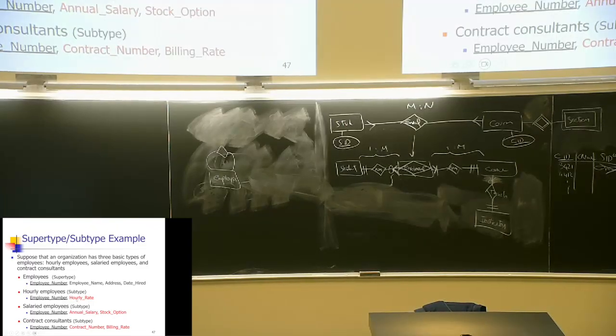I didn't repeat them here, but they all have these attributes. They also have unique attributes of their own, not shared with other subtypes. For example, an hourly employee may have an hourly rate, but this attribute doesn't make sense for salaried or contract employees. Contract consultants have contract number and billing rate, which are unique and not shared with other subtypes.